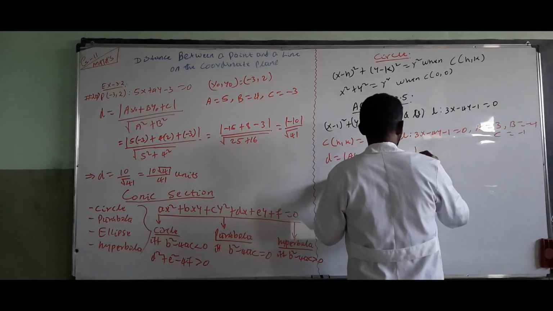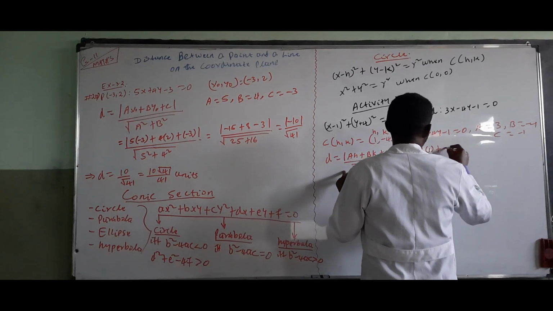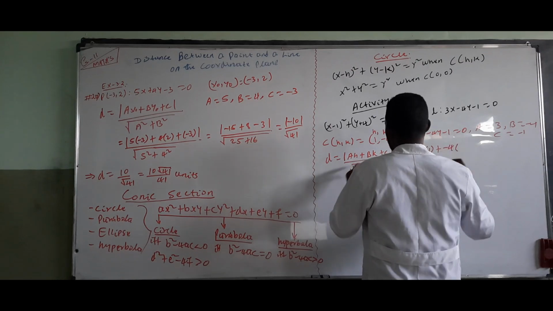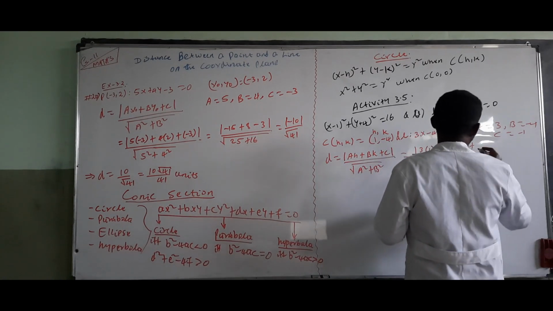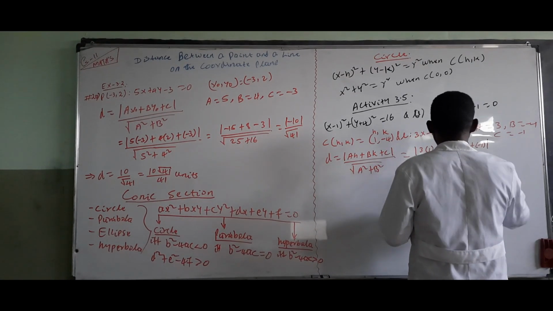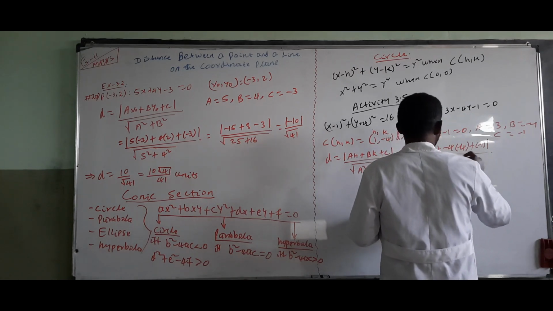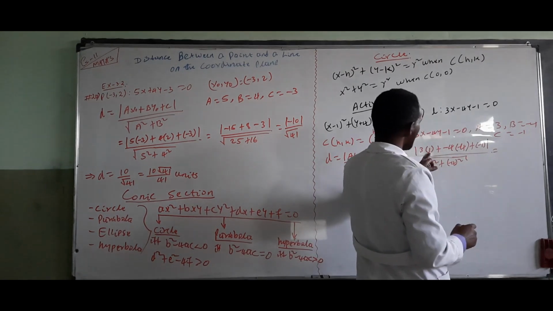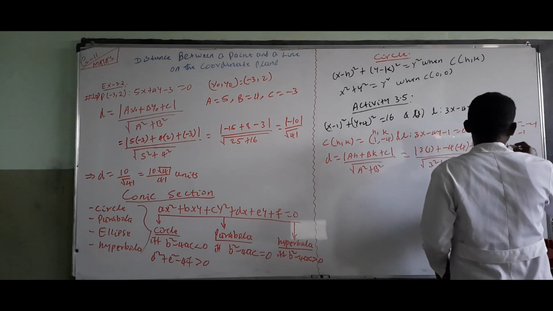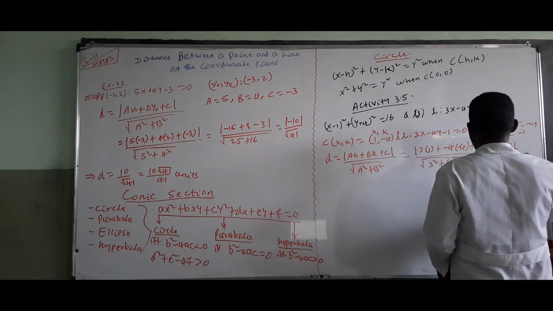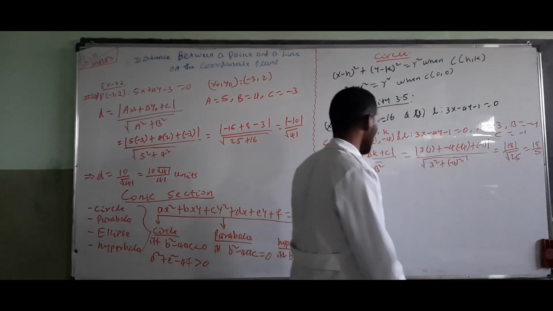Then this becomes |3(1) + (−4)(−4) + (−1)| over the square root of 3² + (−4)², which is 3 + 16 − 1, so 18 over the square root of 25, which is 18/5 units.